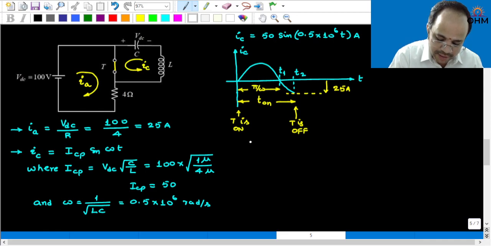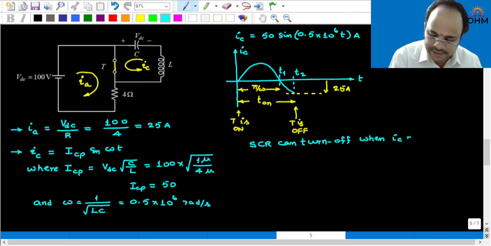Therefore, the SCR can turn off whenever IC is equal to 25 ampere.